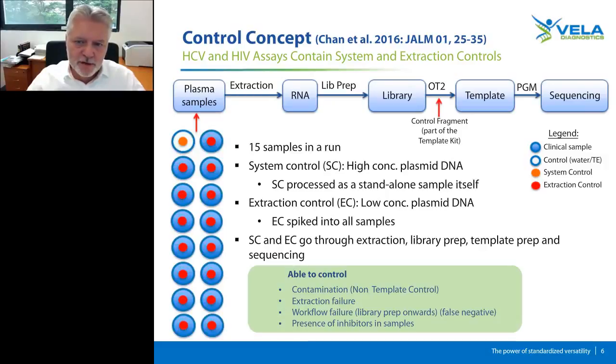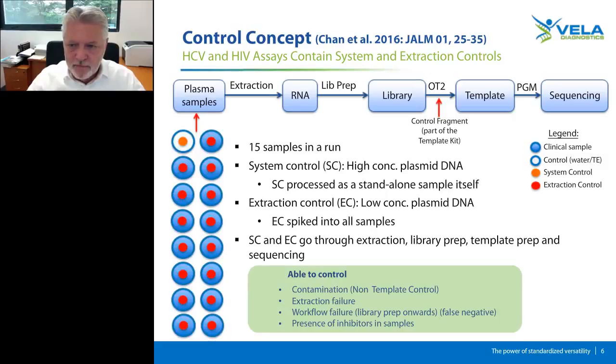In short, we have 15 cycles in a run. This is typical for these assays. We have a system control, which comprises a high concentration plasmid DNA, and the system control is processed as a standalone sample itself. It's shown here as the first ring on the schematic drawing.